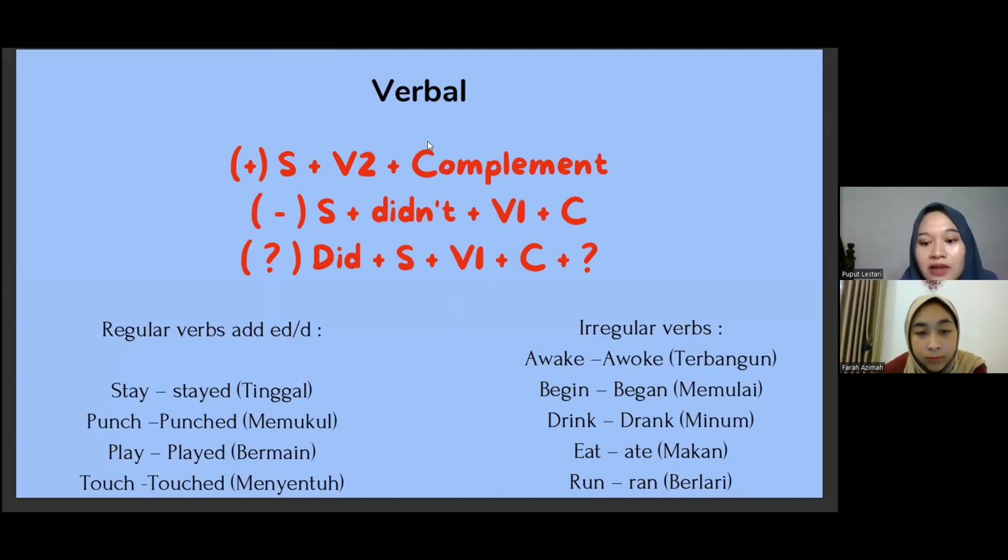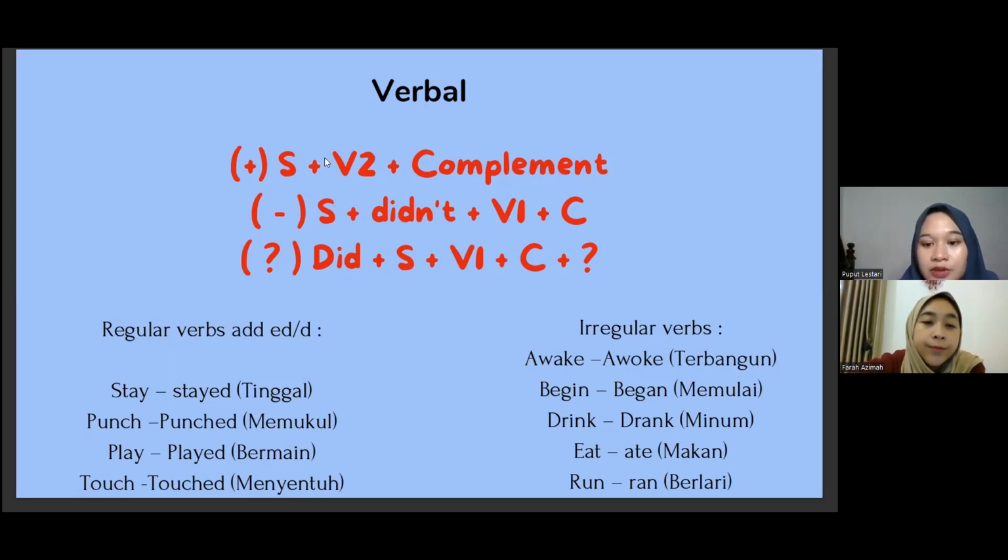Okay, underline it so you don't forget. And then if the sentence is interrogative, then did plus subject plus verb 1 plus complement. What's the difference here? We can see did is put in front and the verb still uses verb 1, so only the positive sentence uses verb 2.